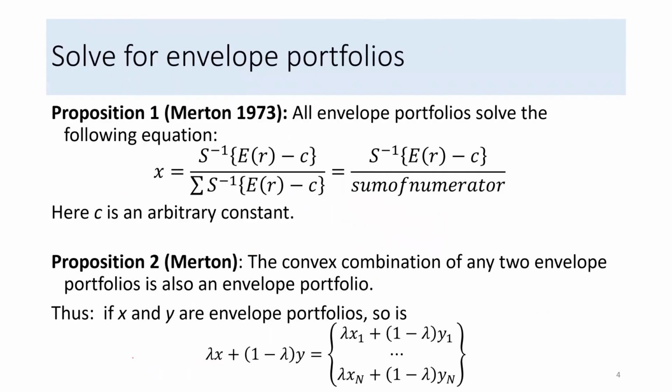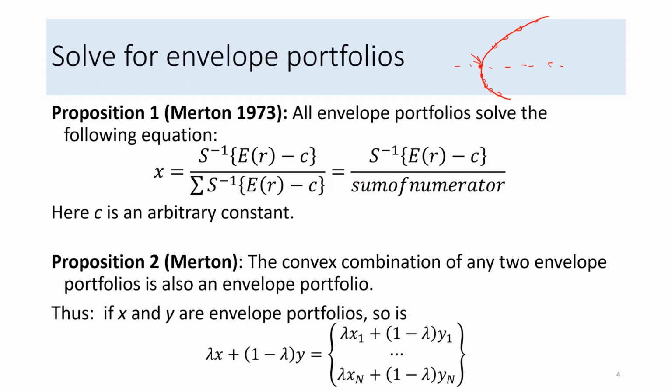So now I want to explain the proposition, or the solution, of envelope portfolios. We call these envelope portfolios because efficient portfolios are portfolios that are above the minimum variance portfolio. If a portfolio is above the minimum variance portfolio, it is efficient. If it's lower, it is an envelope portfolio but not efficient.